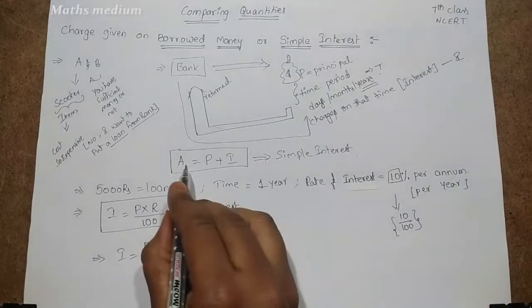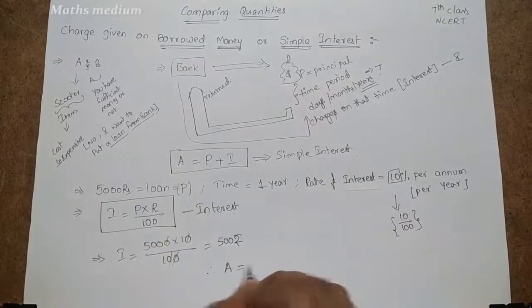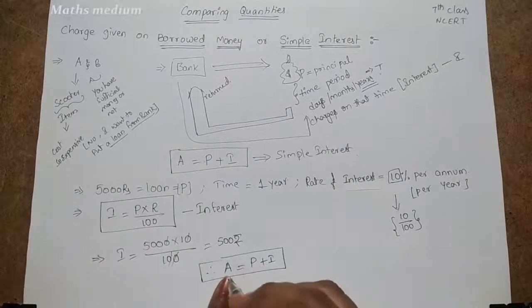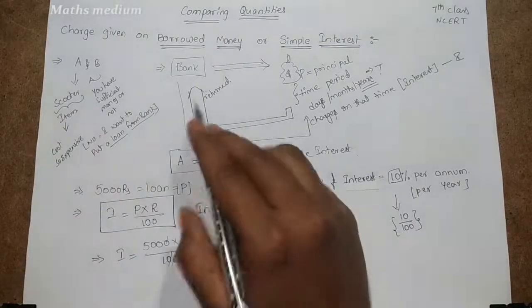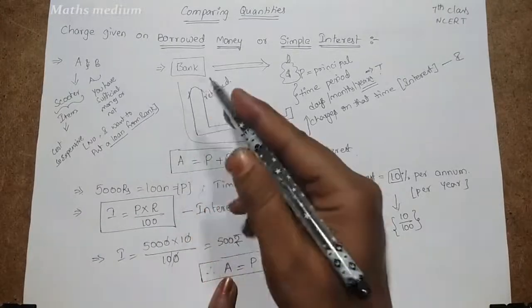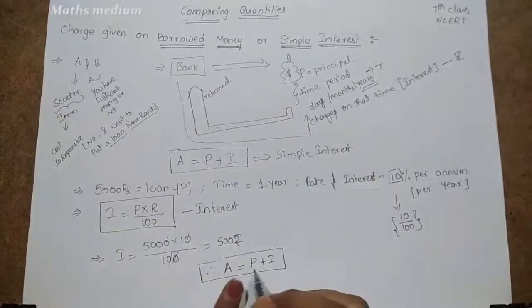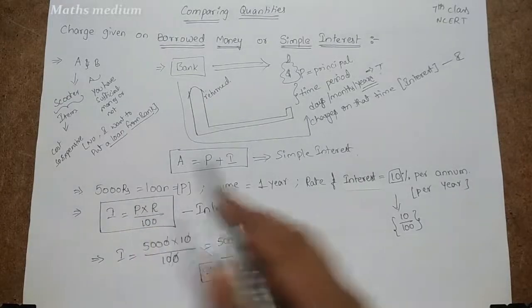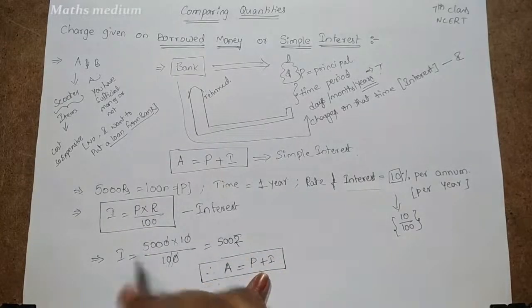Therefore, how are we going to add? Amount is equal to P plus I. If we have to pay the total amount to the bank, that is the returned amount, that is A, P plus I. P is the loan taken from the bank, and I is the interest we calculated.